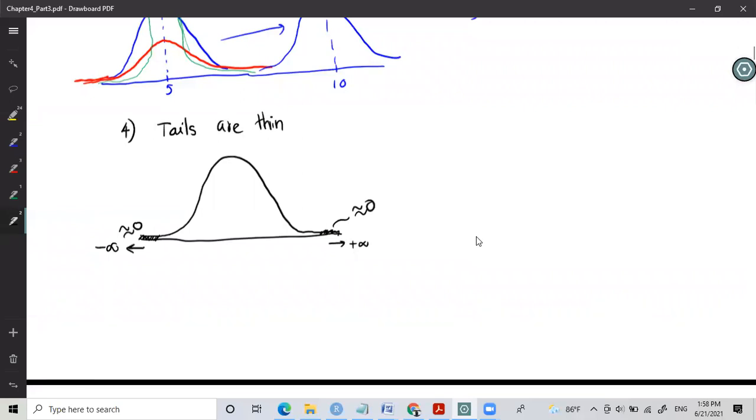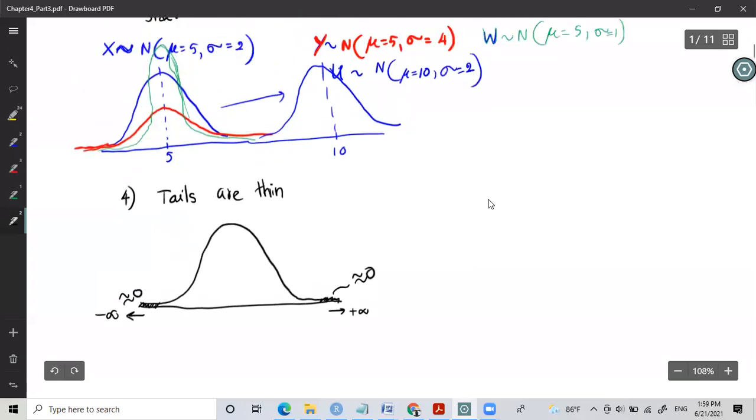That means the tails are very thin. We have another distribution, we'll learn it later, that has the same properties as the normal distribution, but the tails are thick. So that is why we say this is a special property. In the normal distribution, the tails are very thin. Those are some properties of the normal distribution.